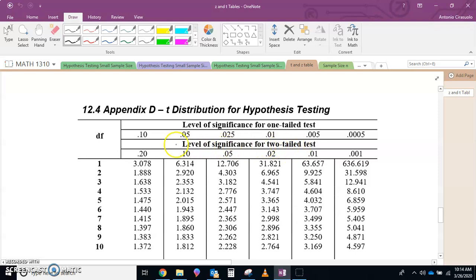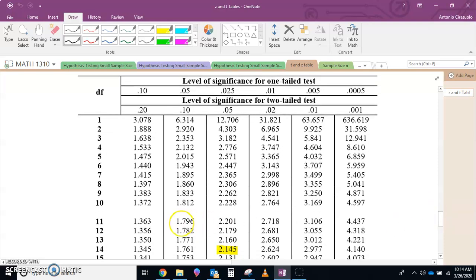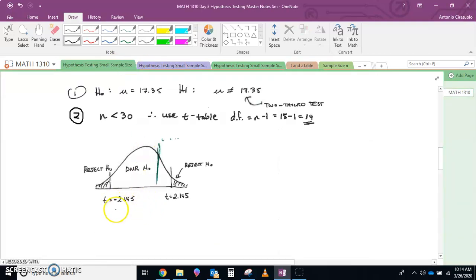And then what was the level of significance? It was 0.05 for the two tails together. Scrolling down until we get to degrees of freedom of 14, you see the value is 2.145. So that's how we got the critical values in this example. One negative, one positive. Remember that that's going to be the case.